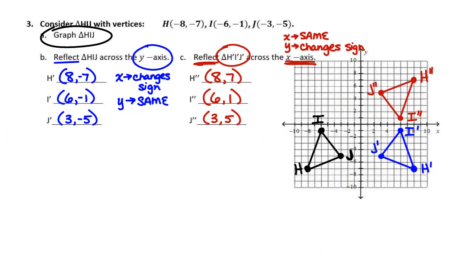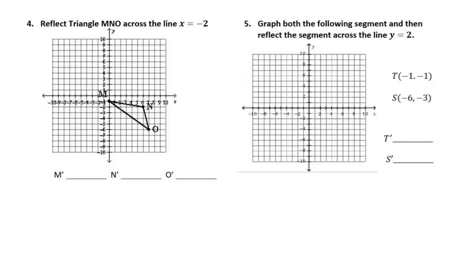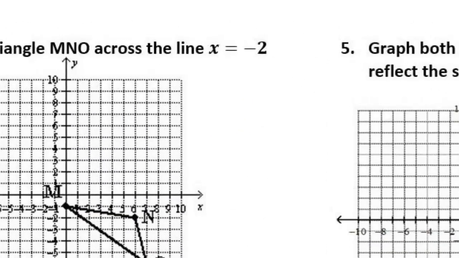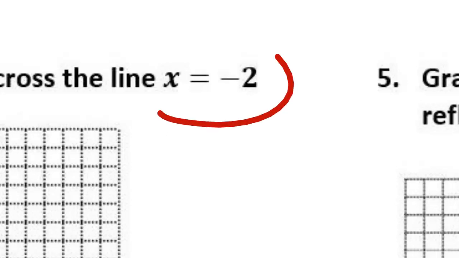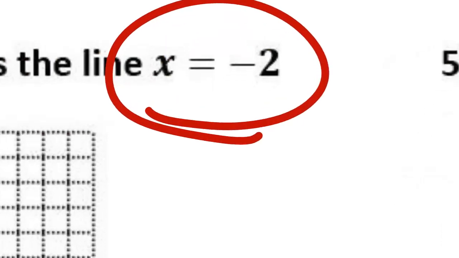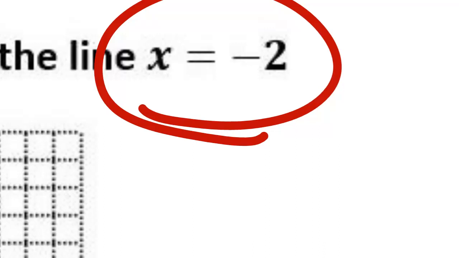What about if I want to reflect over something that's not an axis? Let's look down at number 4. We're going to reflect, but this time I'm going to reflect across the line x equals -2. That means it has to touch the x-axis and it has to go through -2 on the x-axis.